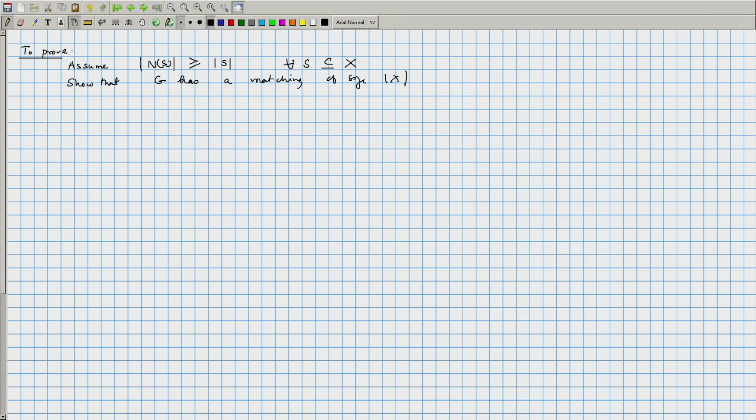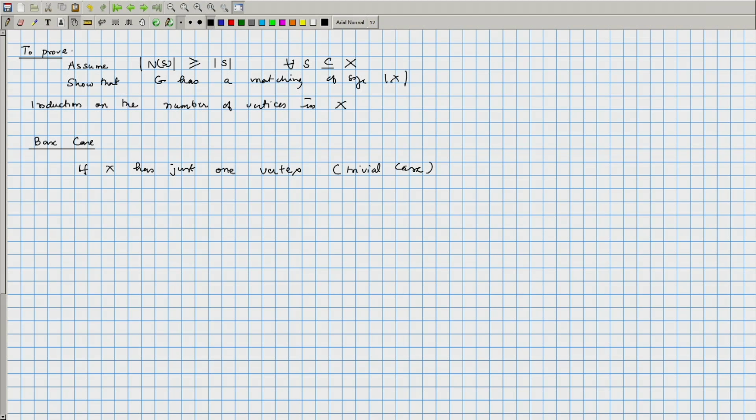We will do the proof by induction, splitting into two cases. The proof method is induction on the number of vertices in X. If X had just one vertex, this is a trivial case, because that one vertex should be connected to some vertex in Y, otherwise the neighbors would not be greater than or equal to the size of S. If it has one neighbor, then of course we can choose that particular edge, and that will be a matching whose size is equal to the size of X.